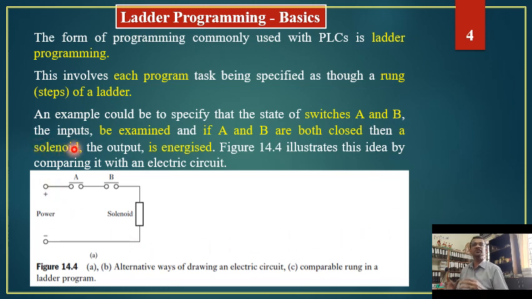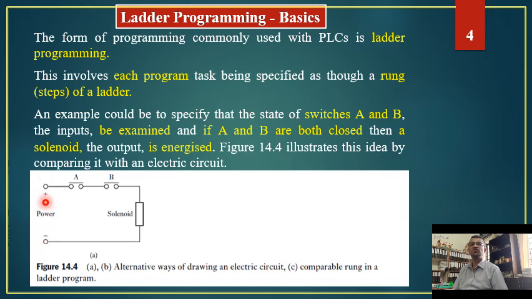Whenever we say any circuit that needs to be controlled, there is always a power supply, then there are switches, and then there are outputs, which we often call a load. Now in this figure we can see a power supply written as plus and minus.